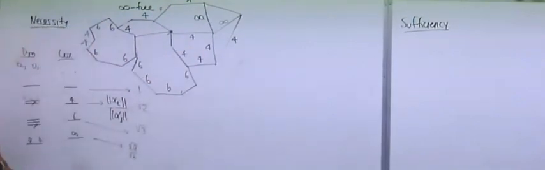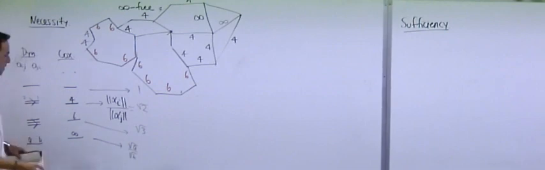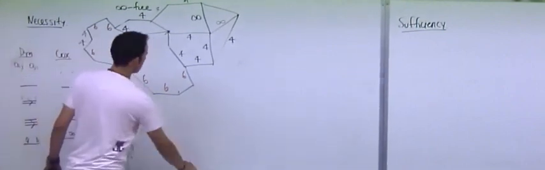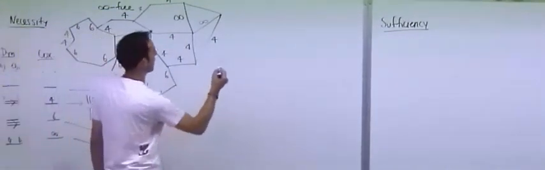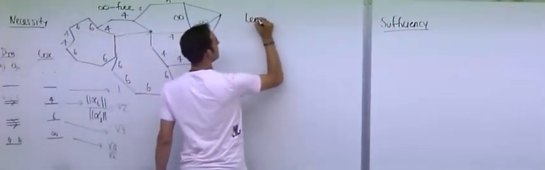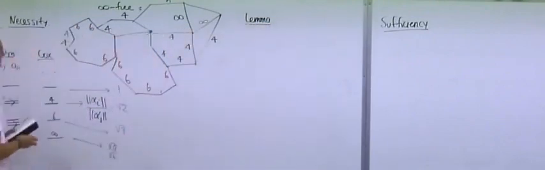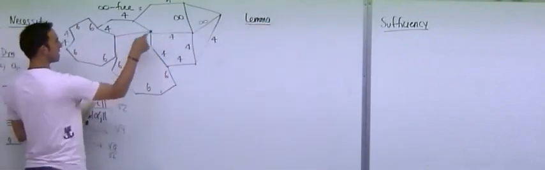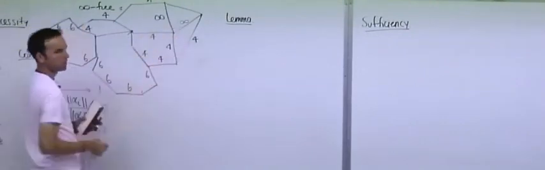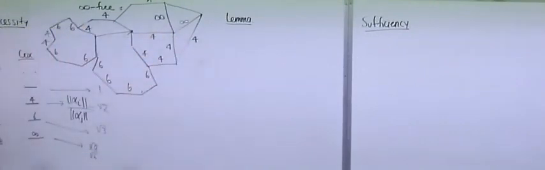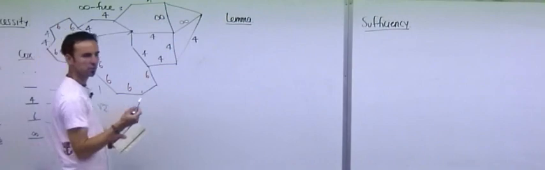Okay. And so, do I really want to check all of these possible cycles? Well, here's maybe a lemma that allows me to not have to do that. The lemma says that if I check it for these 7 cycles, then I've effectively checked it for all the cycles.